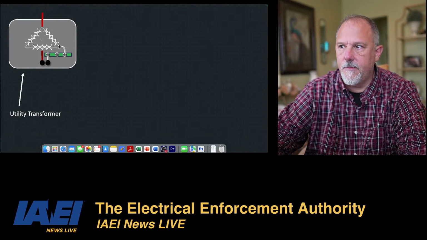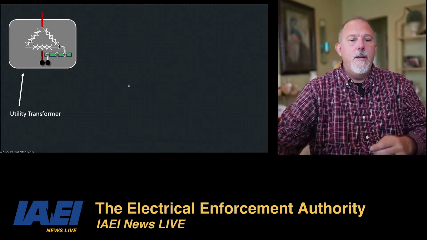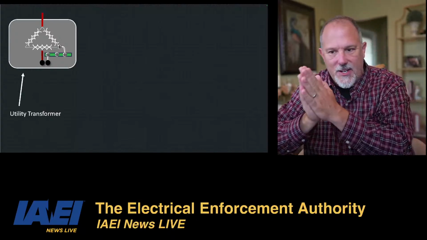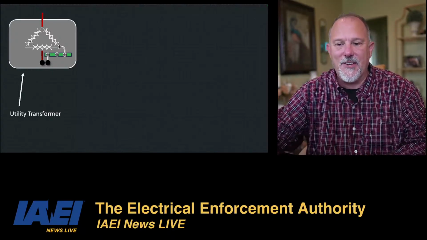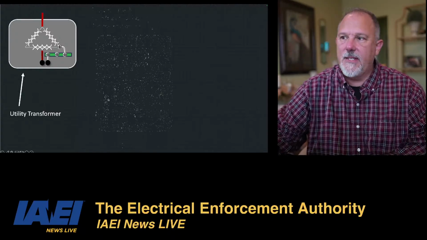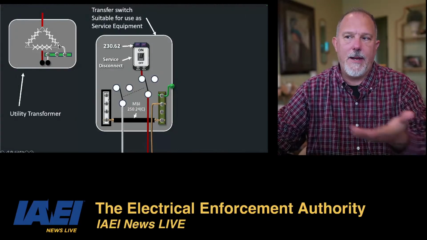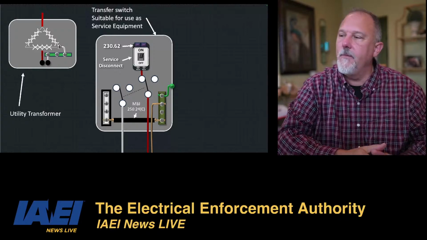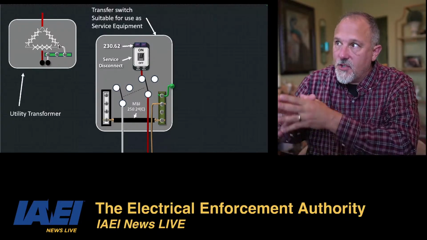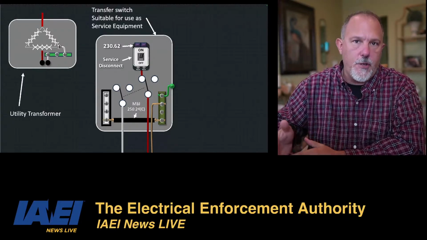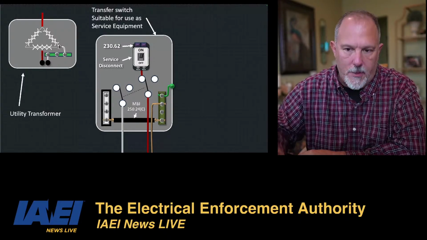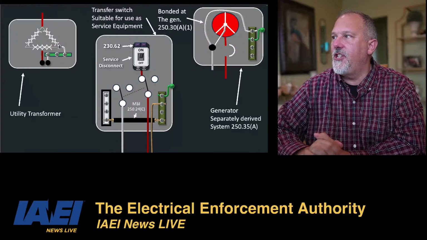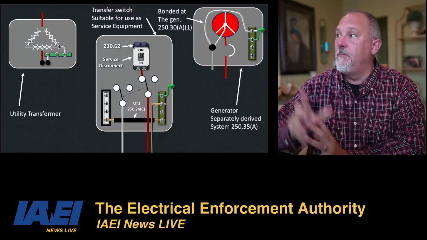Describe this. Okay, so now I have a corner grounded delta utility transformer. I know Nihad, you had that comment once before, but let's just draw the parts. I've got a utility transformer. I have a transfer switch that is suitable for use as service equipment. And then I have a generator that is bonded.